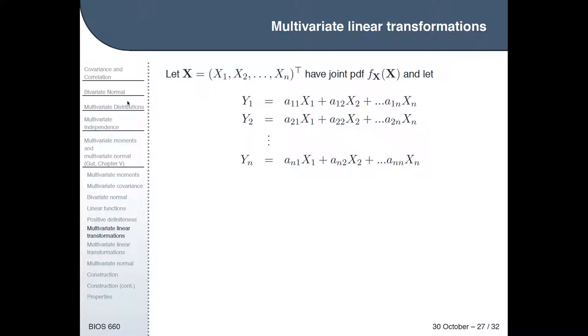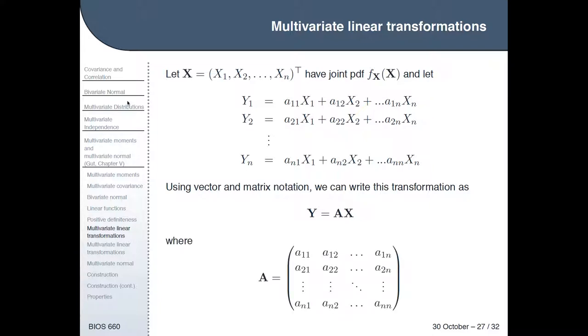You could also take a full random vector and transform it to another random vector by letting each y be some arbitrary linear combination of the x's. Using matrix and vector notation, this is equivalent to letting vector y equal matrix A, consisting of all those individual A11, A12, etc., times random vector x, where A is the matrix shown there.